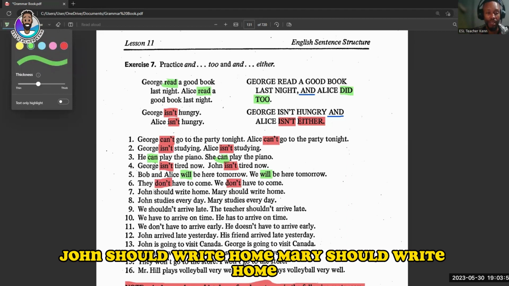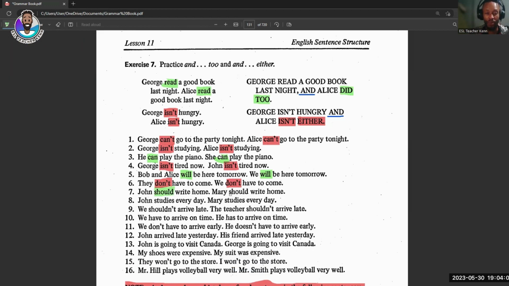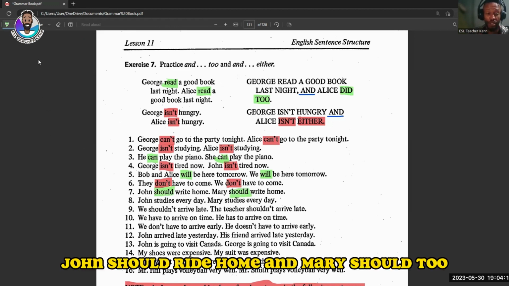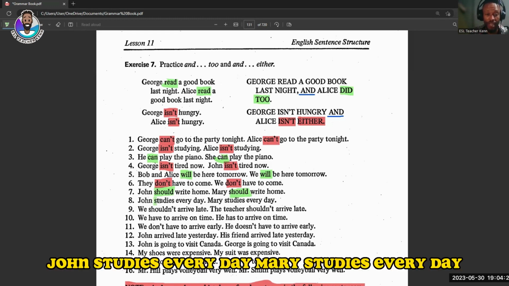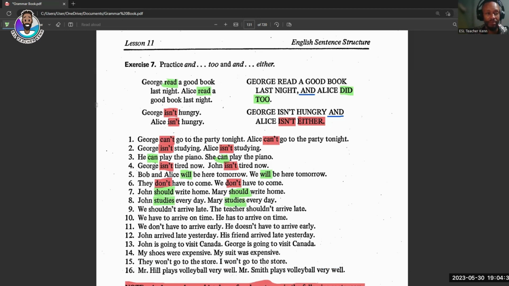John should write home. Mary should write home. John should write home, and Mary should too. John studies every day. Mary studies every day.